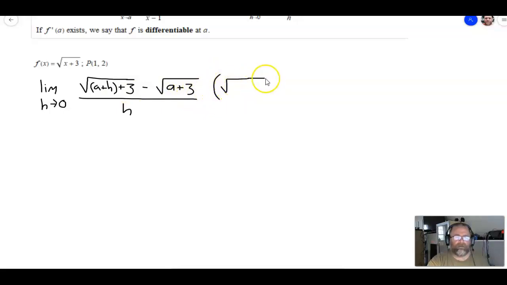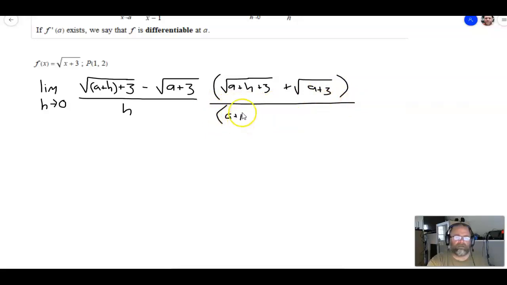So I'm going to do square root of a plus h plus 3, and then plus, because that's the conjugate, square root of a plus 3, all over, and then the same thing here, square root of a plus h plus 3 plus square root of a plus 3. And when I do that, the top becomes a difference of squares. That's why we are using the conjugate here.